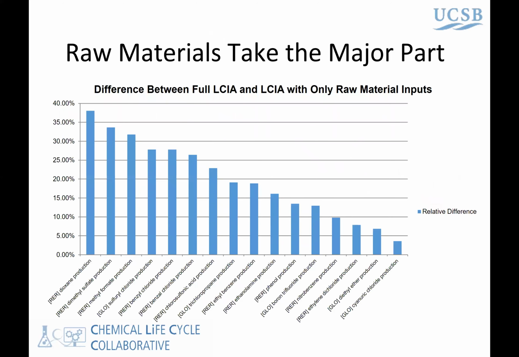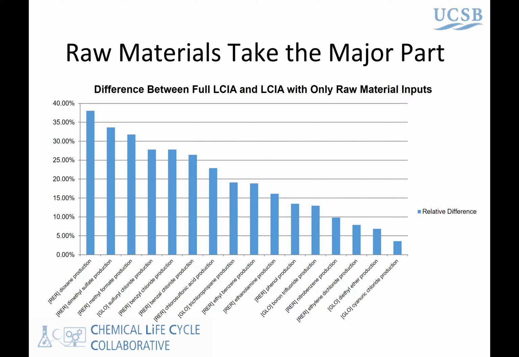Before we created this database, we also did some analysis on how much each flow I just mentioned, material, electricity, and heat, contributes to the final life cycle impacts. By doing this, we can prioritize our work, and most importantly, we can understand which flow we should spend the most effort on, so that we can benefit the most by reducing the uncertainty of that flow.